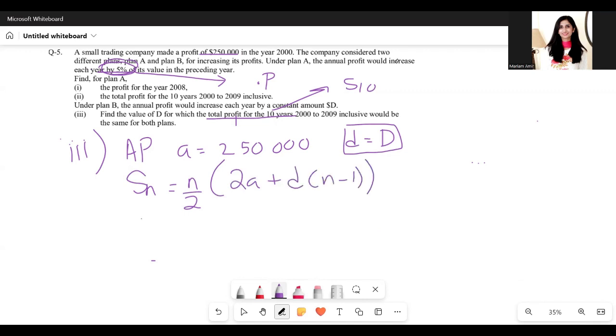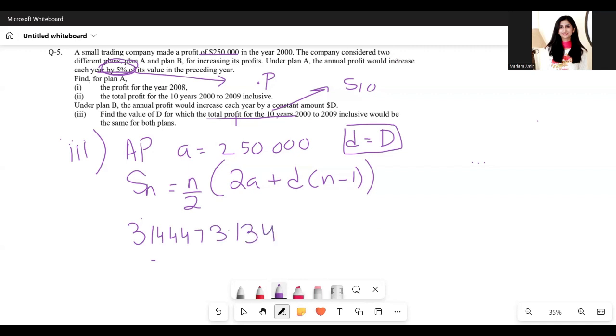So substitute the values. Find the value of D for which the total profit for 10 years inclusive would be the same for both plans. We already have the S10 from the previous part. It came out to be 314,473.134.